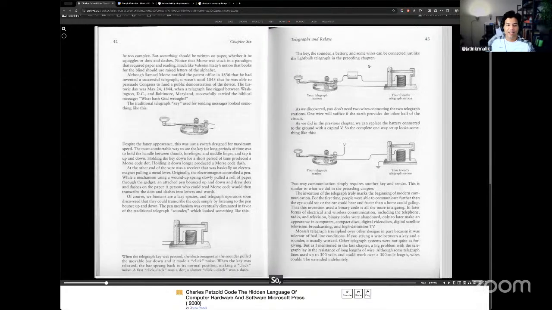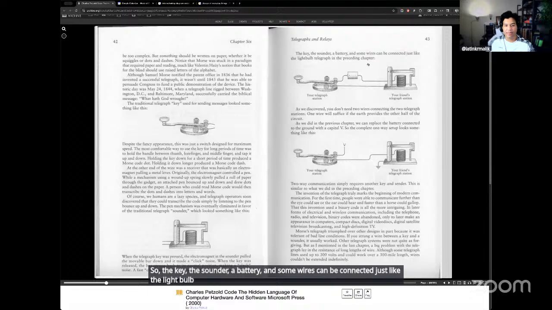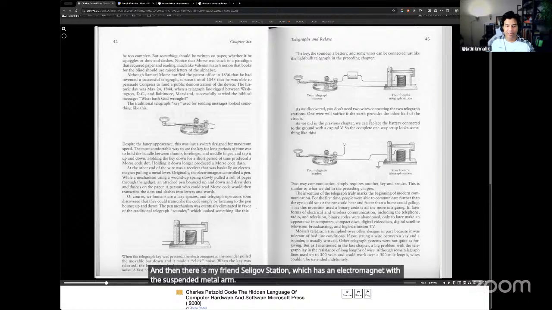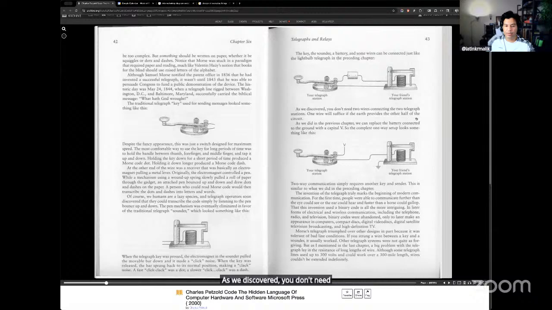The key, the sounder, a battery, and some wires can be connected just like the light bulb telegraph in the preceding chapter. So this is your telegraph station. There is a small battery or a voltage source. And then there is my friend's telegraph station, which has an electromagnet with this suspended metal arm. As we discovered, you don't need two wires connecting the two telegraph stations. One wire will suffice if the earth provides the other half of the circuit.